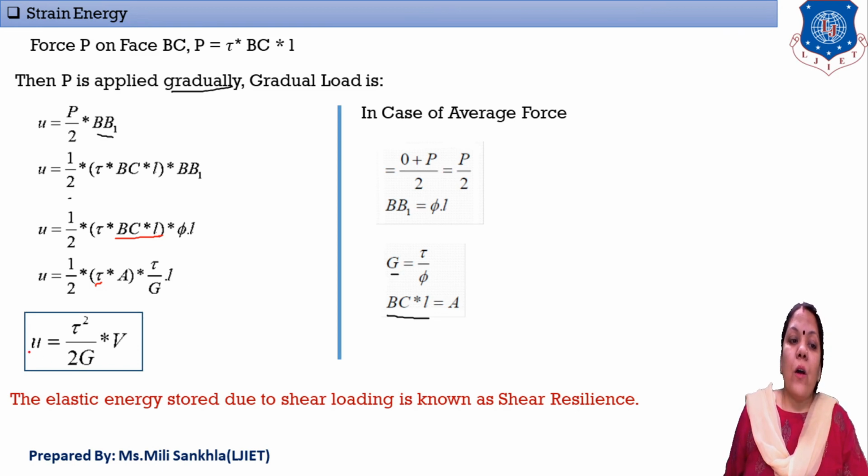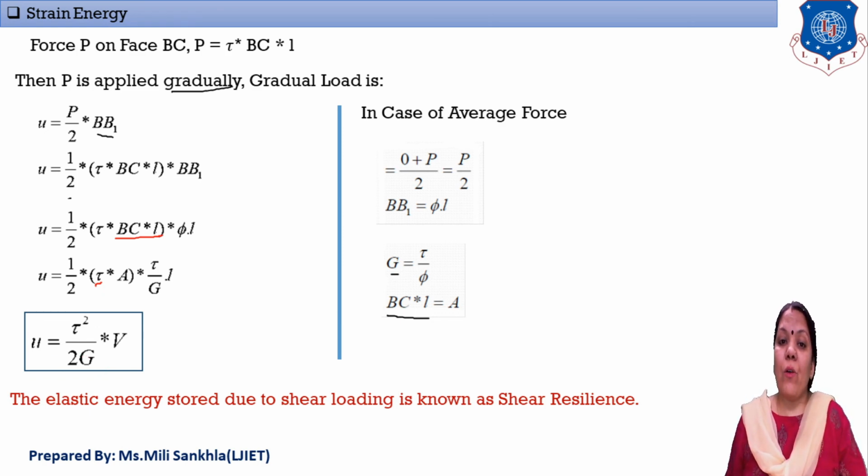So strain energy due to shear loading on the given block is equal to tau square into volume divided by 2G. Tau is shear stress, G is shear modulus, V is volume, and U is strain energy. This is our final derivation of strain energy due to shear loading.